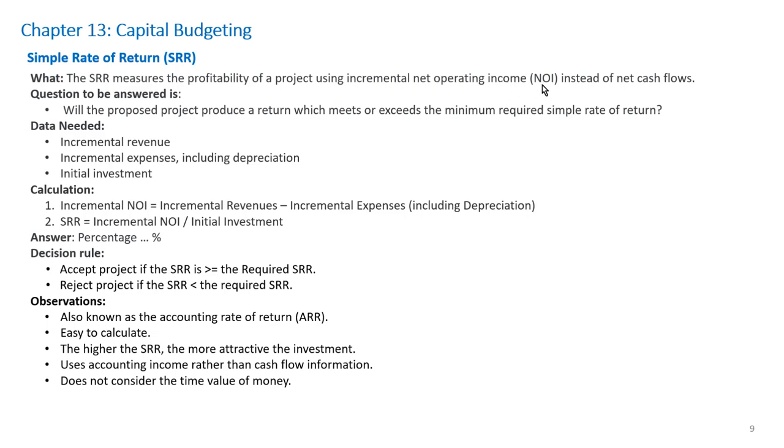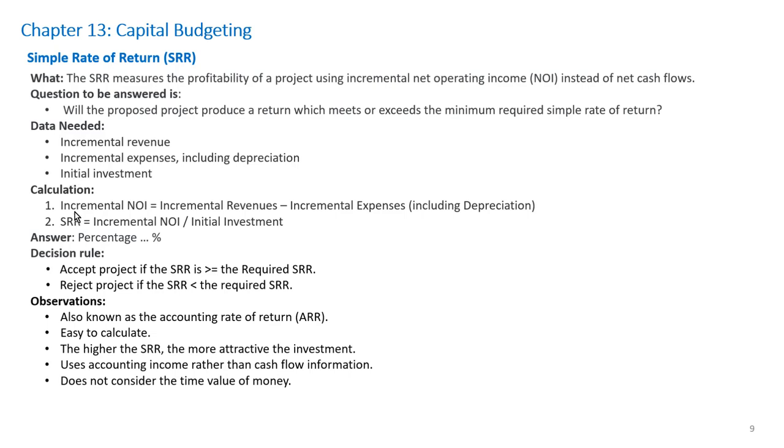Rather, it focuses on accounting net operating income. The approach is to estimate the revenue that will be generated by a proposed investment and then to deduct from these revenues all of the projected expenses associated with the project. The net operating income is then related to the initial investment in the project.